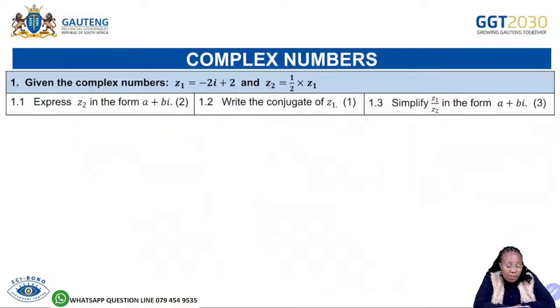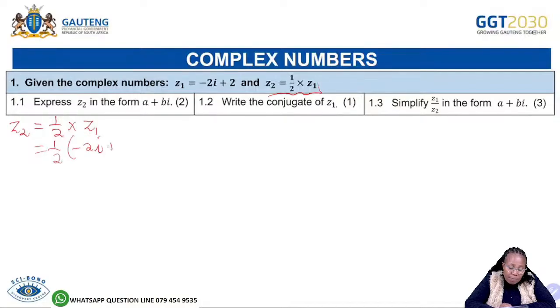And then now let's see the first activity on complex numbers. Express Z2, Z2 is this one, in the form a plus bi. Okay, Z2 states that it is equal to half of Z1. Let's substitute Z1, half of Z1. Z1 is minus 2i plus 2.